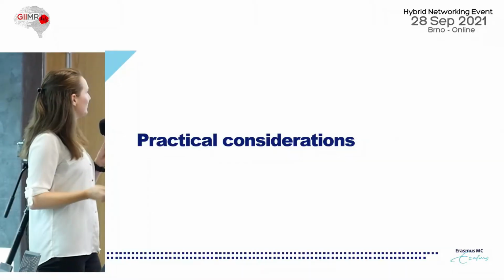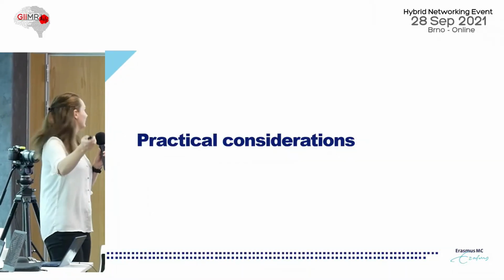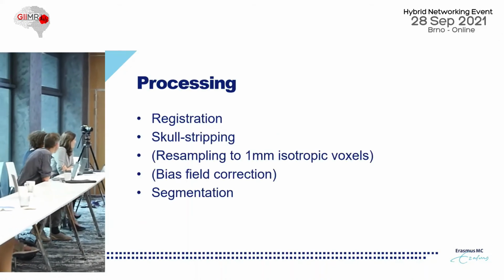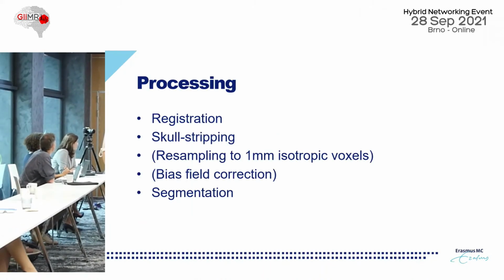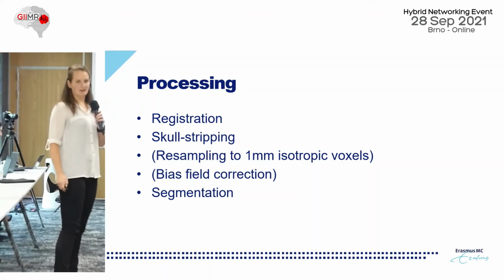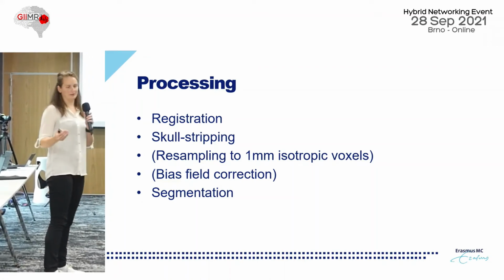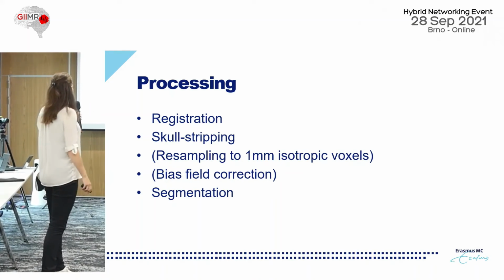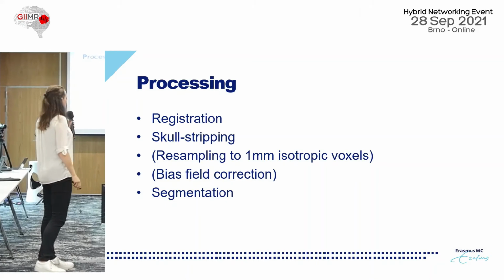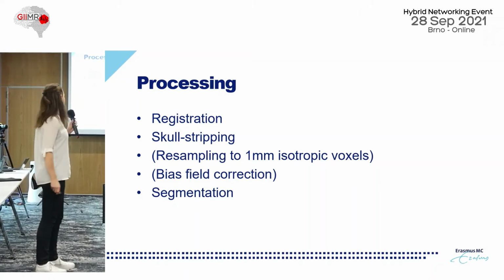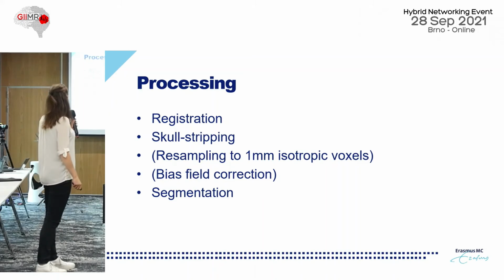Practical considerations for glioma segmentation. Pre-processing. There's a few steps that you have to take. In general, there's of course systems that do the entire processing pipeline for you. But in general, these steps include registration, skull stripping, resampling sometimes, bias field correction if you need it, and segmentation.